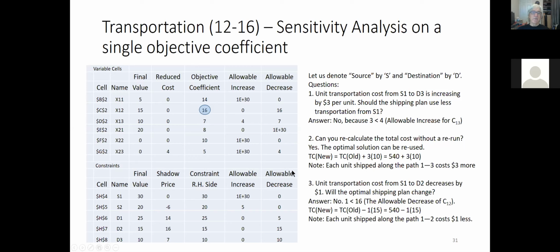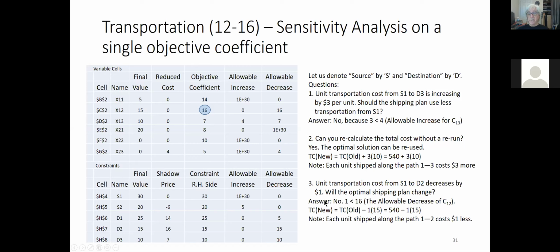Then I'm showing another change. They are not occurring together, each one separate. Now the unit transportation cost from source 1 to destination 2 is dropping by 1 unit. So now it's a little bit cheaper to deliver or ship units on this route. The same thinking applies: maybe we could increase this 15 to 16.